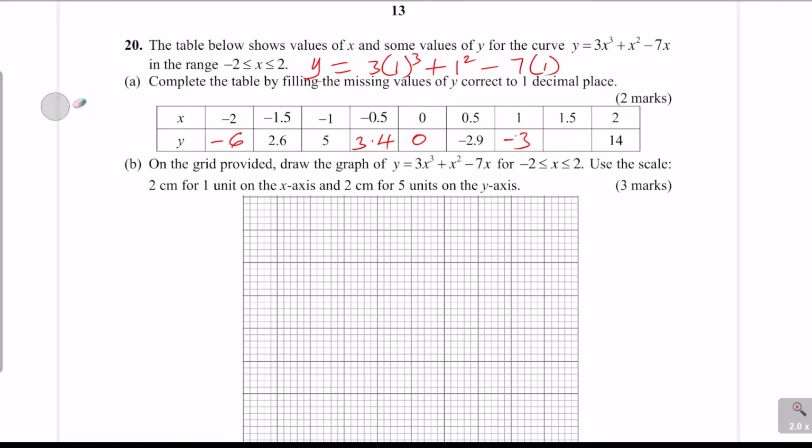The next one is 1.5. So y is equal to 3 times 1.5 cubed plus 1.5 squared, then subtract 7 times 1.5. That gives 1.9, correct to one decimal place.